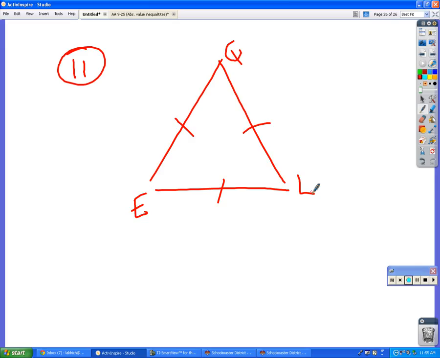And then it says with segment QT, so T lies on the side EL, so that should be over here. And QT is perpendicular to EL. You could have it rotated a different way, but there's a line going from Q to the opposite side, T, and that makes a 90-degree angle.